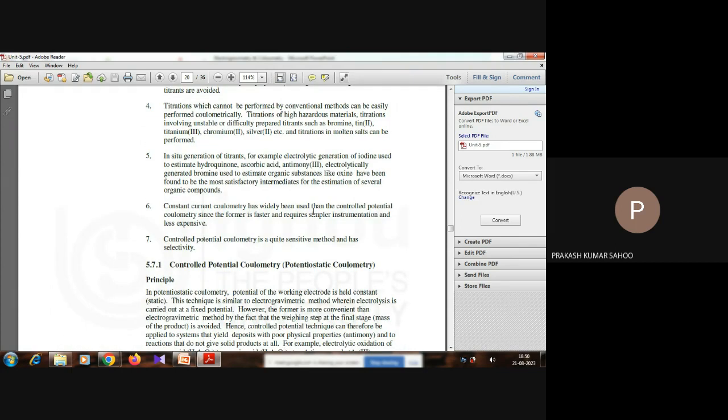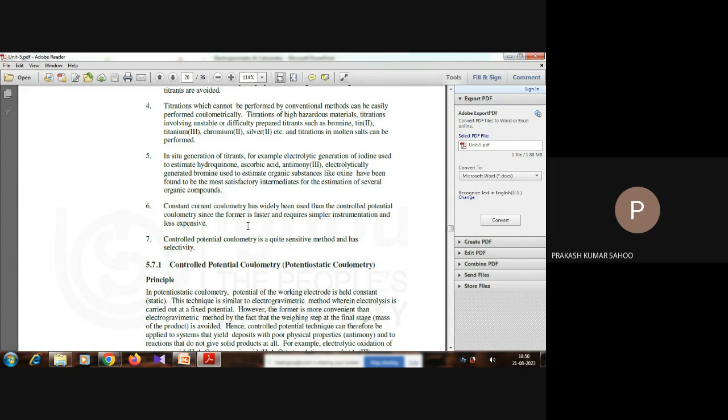In situ generation of titrant, for example electrolytic generation of iodine, is used to estimate hydroquinone and ascorbic acid, and this type of in situ titrant generation can also be done with coulometry. Then constant current coulometry has been used more widely than controlled potential coulometry.